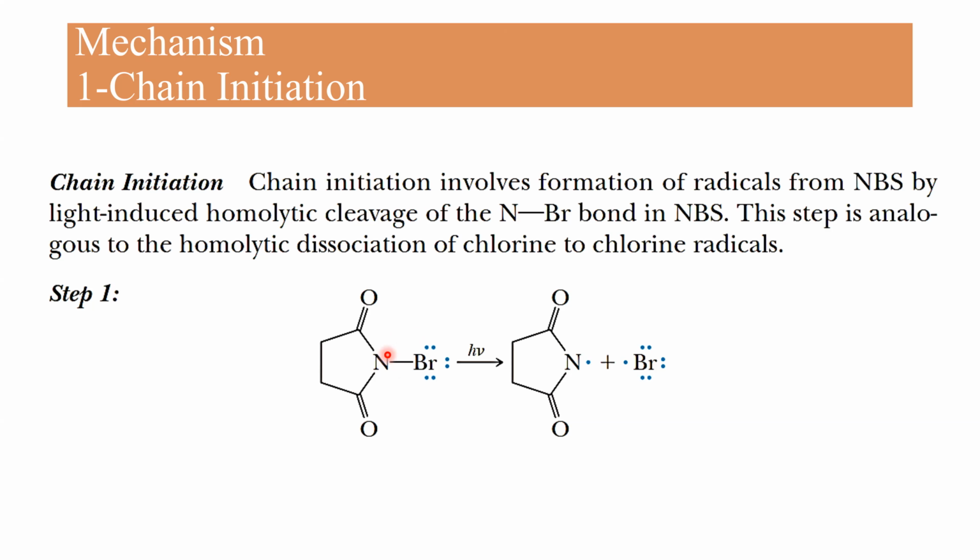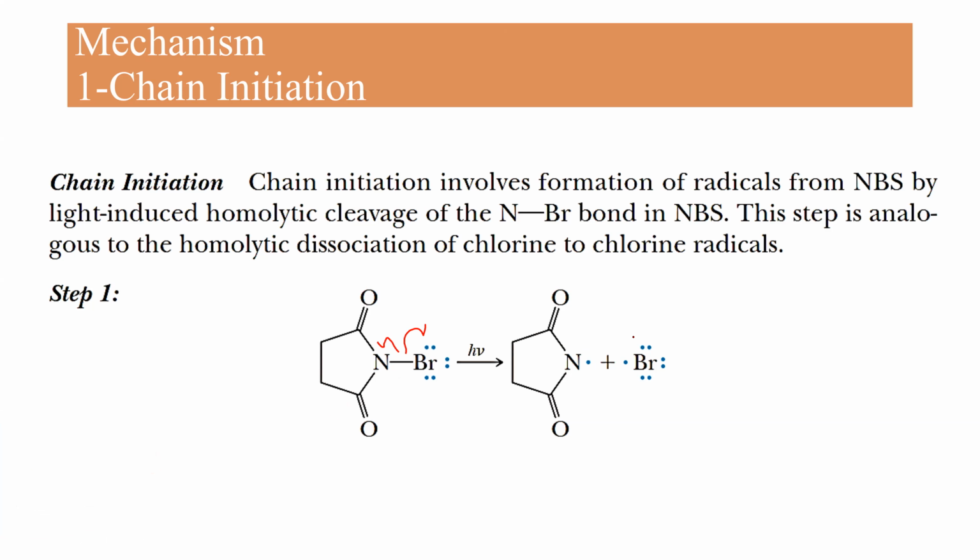And we show that homolytic cleavage through the fish hook arrow, right? So if I just go for the pen, to mention how that was cleaving, that is the fish hook arrow. And we get the N-succinimide radical, and there is the bromine radical.